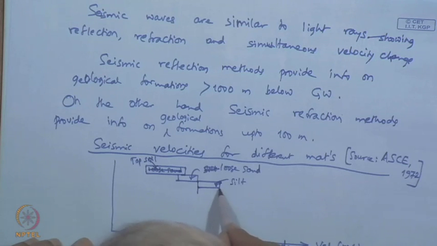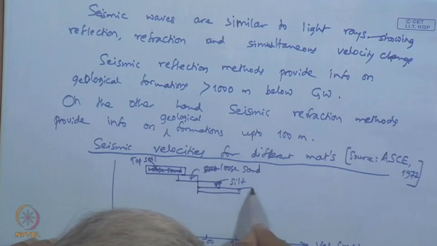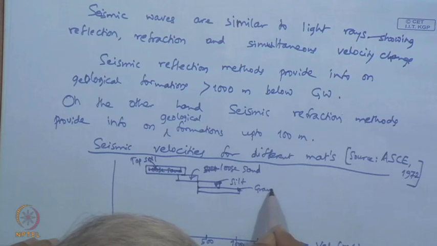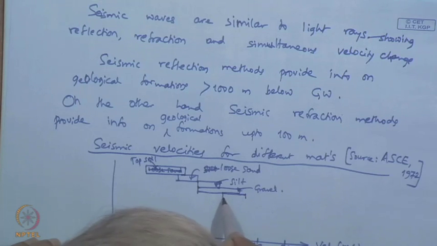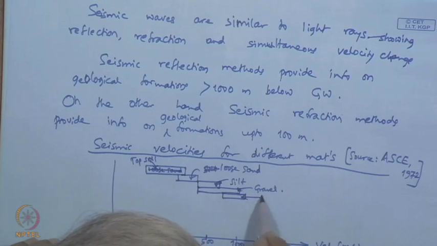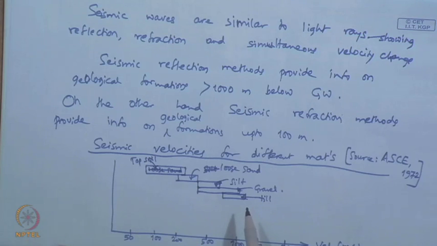Gravel will have a higher velocity, followed by till, and then compacted till, then sandstone, and so on.